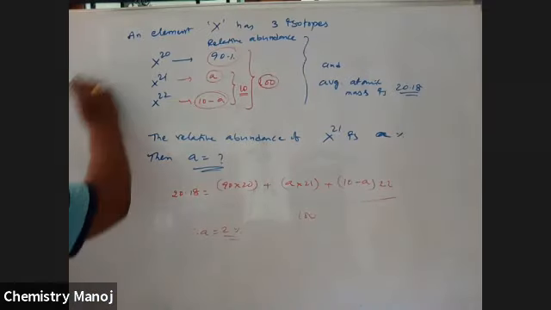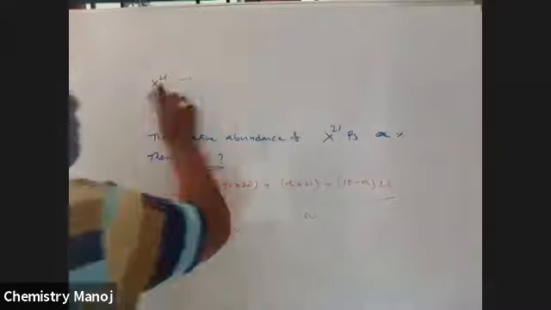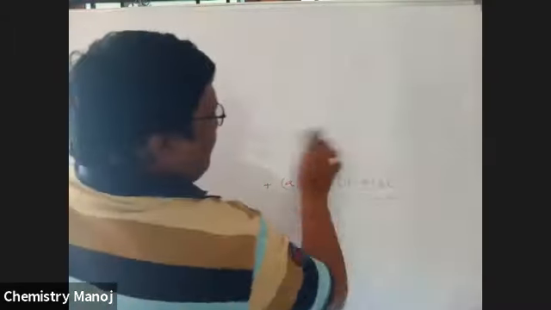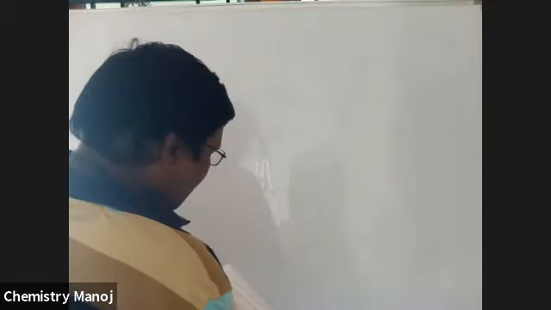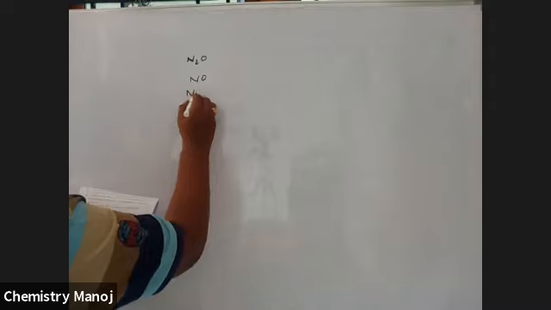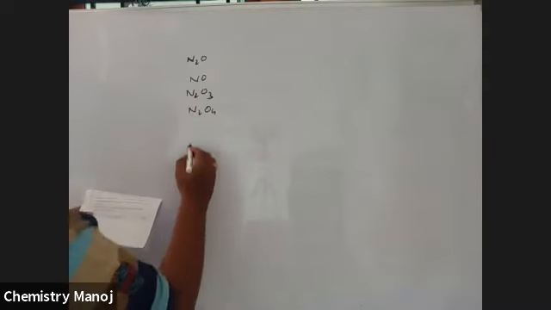Now the last one. Simple one. Five compounds are given to you: N2O, NO, N2O3, N2O4, and N2O5.